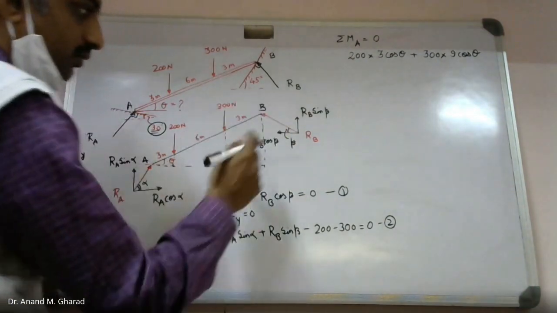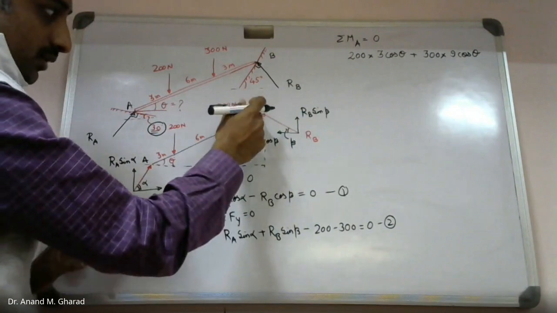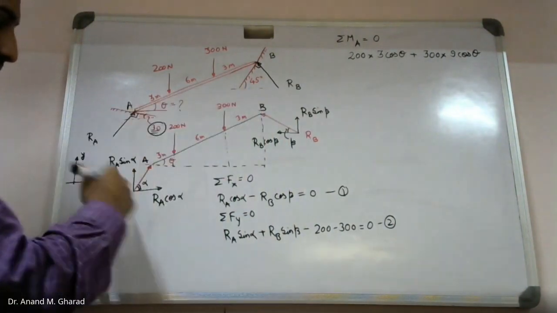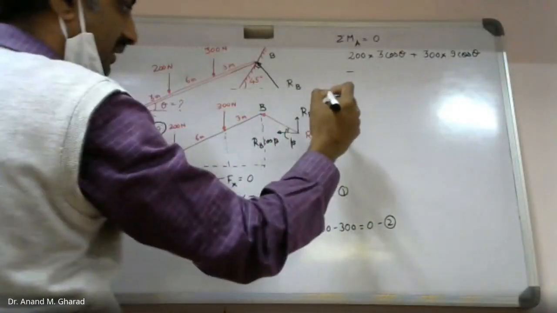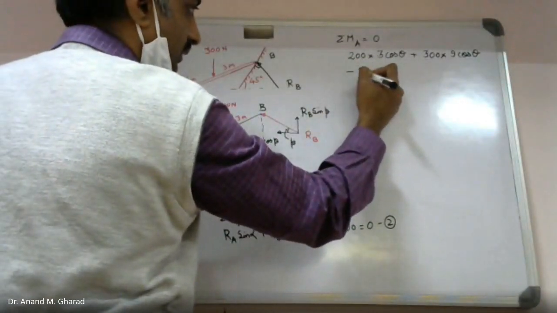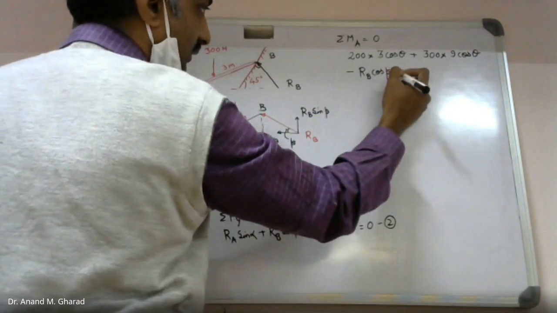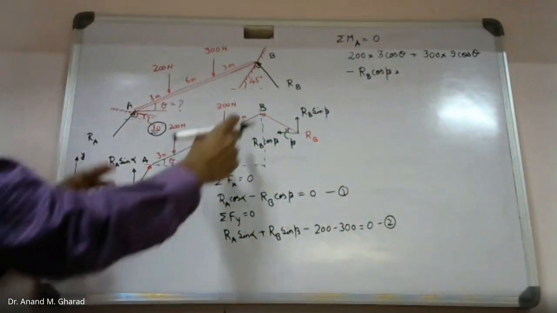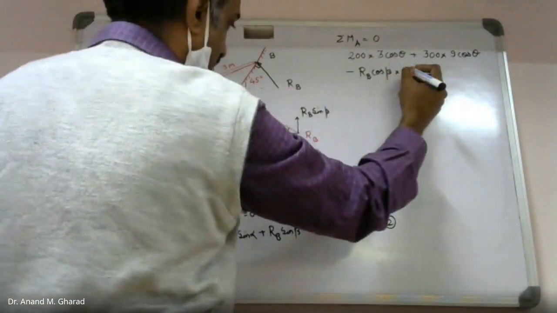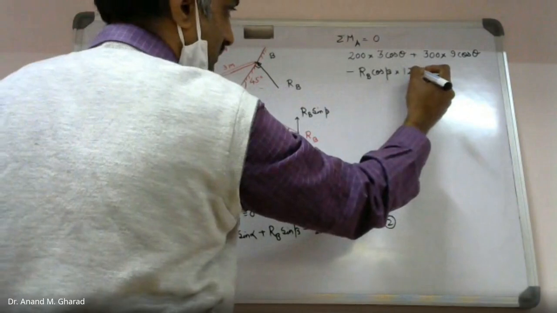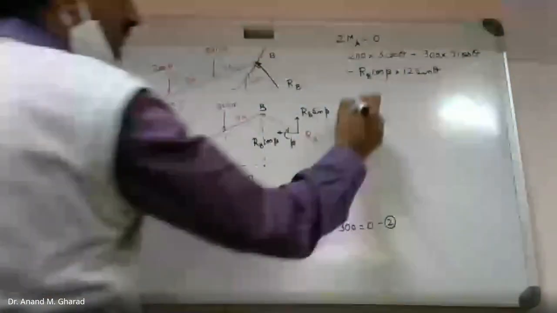Whereas at point B, you will find there are 2 forces, and both these forces will rotate around point A in the anti-clockwise direction. So this will be minus RB cos beta into the perpendicular distance. RB cos beta will be associated to 12 sin theta value, right?